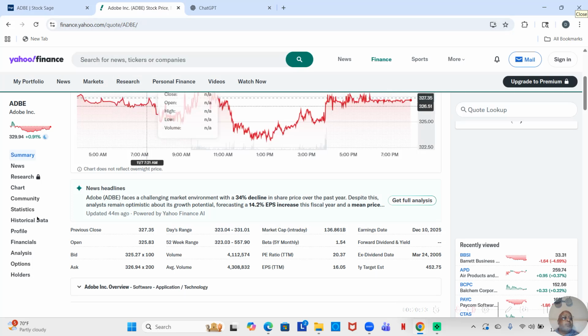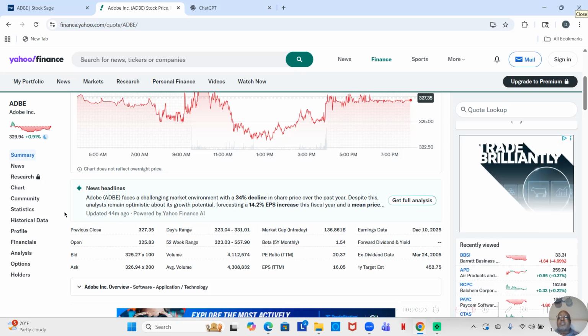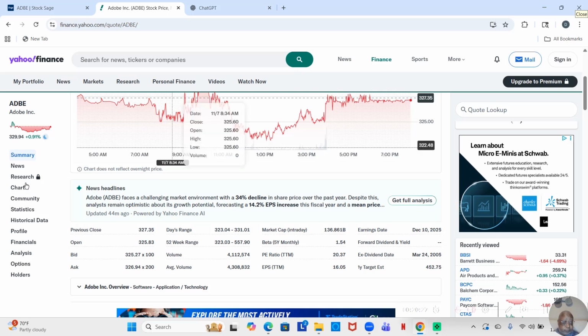For example, inside investors and institutional investors. I'm going to go back to Yahoo Finance and I'm going to choose statistics.